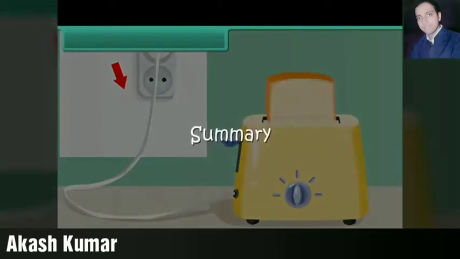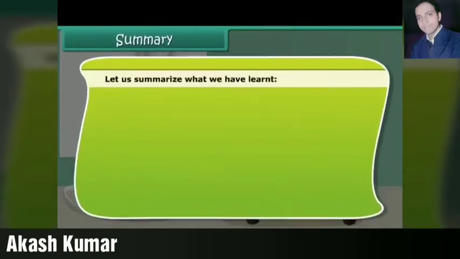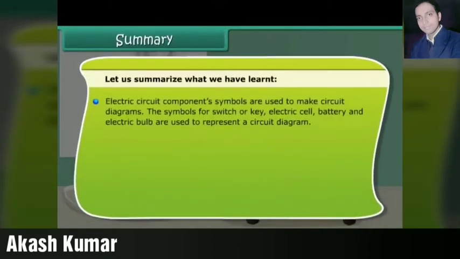Summary. Let us summarize what we have learned. Electric circuit component symbols are used to make circuit diagrams. The symbols for switch or key, electric cell, battery, and electric bulb are used to represent a circuit diagram.